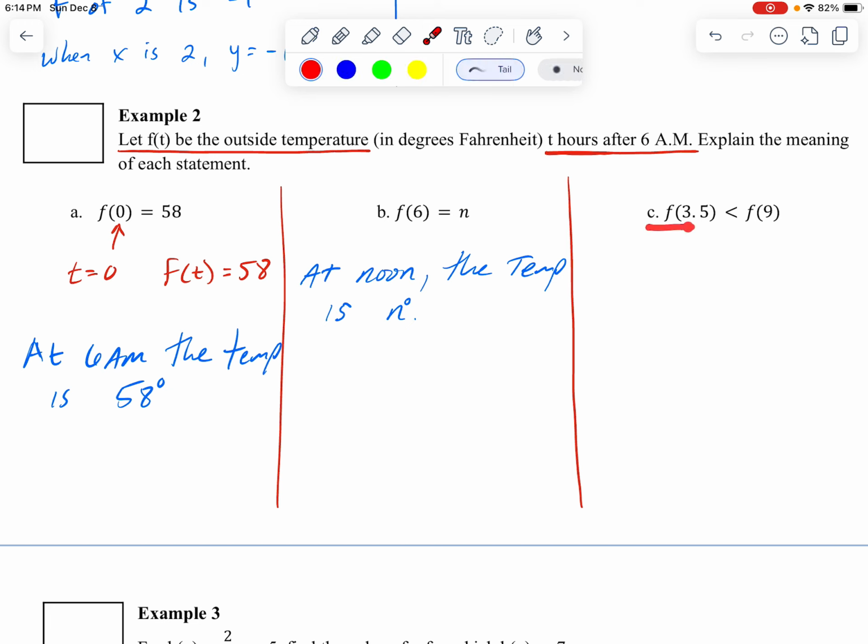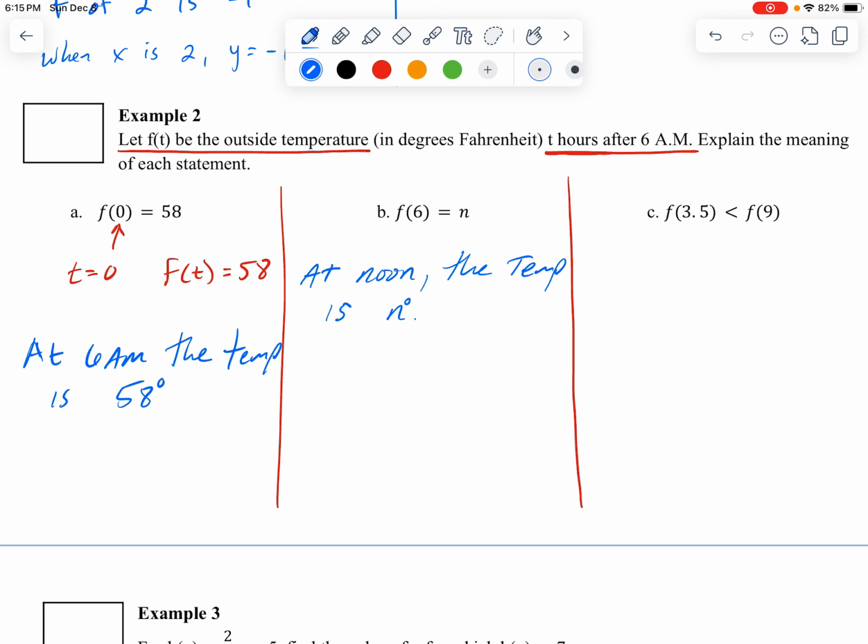Number 3. Both of these represent temperatures, right? Because remember, f of t is the outside temperature. This is a time, this is a time. So the temperature on this side is less than the temperature over here. We've got to think, when t is 3.5, what time is it? That's 3.5 hours after 6 a.m. Actually, let me say this a little bit differently.